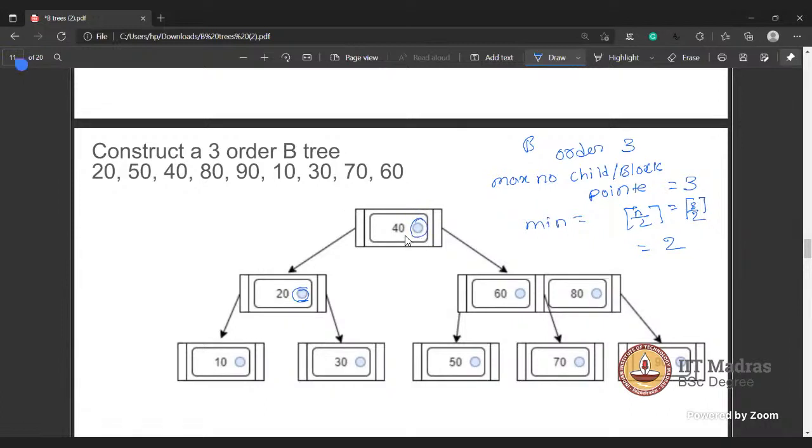So in B tree, the record pointer is stored internally, meaning in the leaf node and also the non-leaf node. But in B plus tree, data is only stored in leaf nodes. So this is the difference.